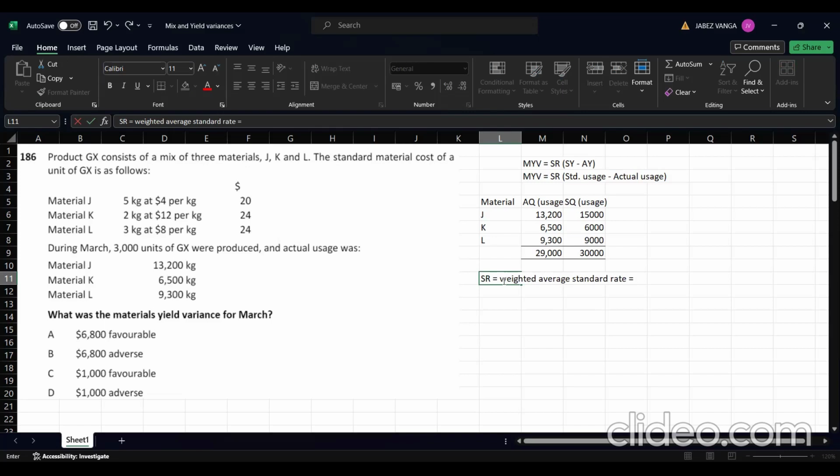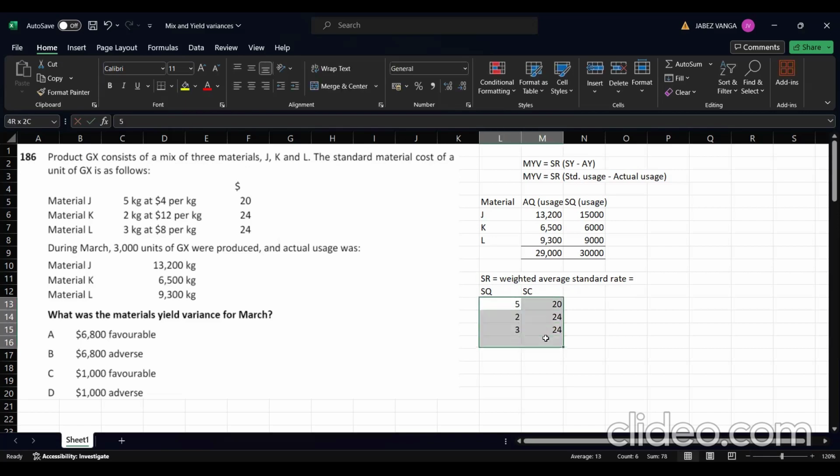The standard quantities are given as 5, 2, 3, and the standard costs are given as 20, 24, and 24.